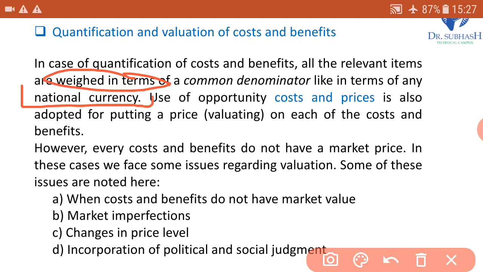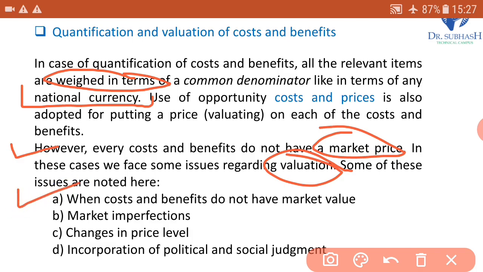Use of opportunity cost and prices is also adopted for putting a price on each of the costs and benefits. However, every cost and benefit does not have a market price. In these cases, we face some issues regarding valuation. Some of these issues are noted here.